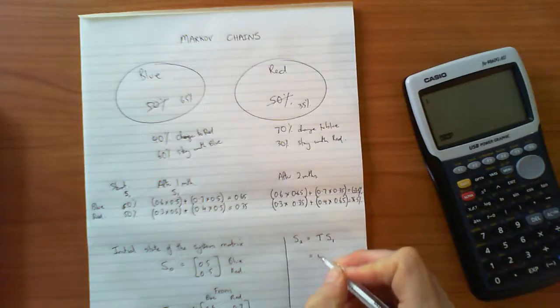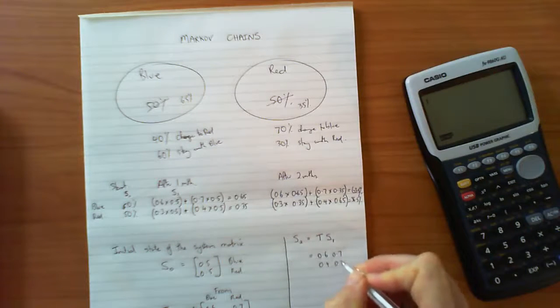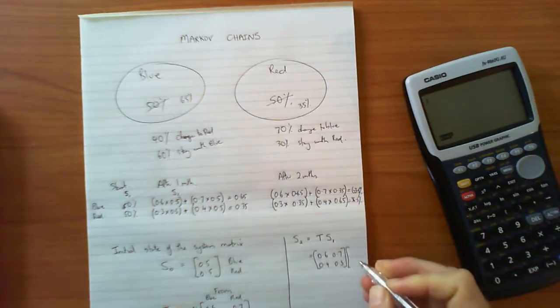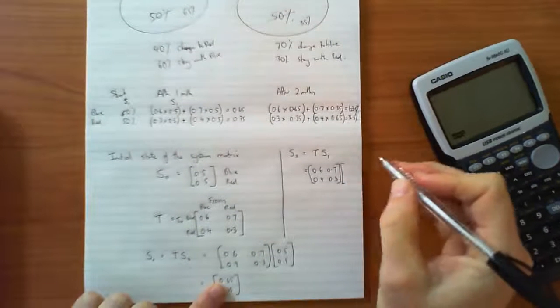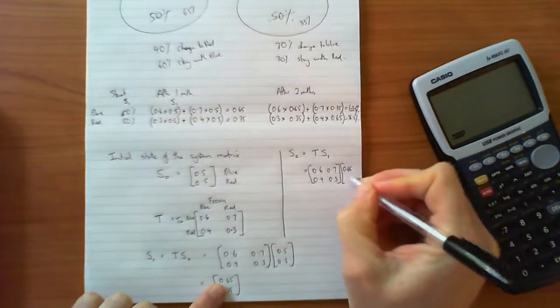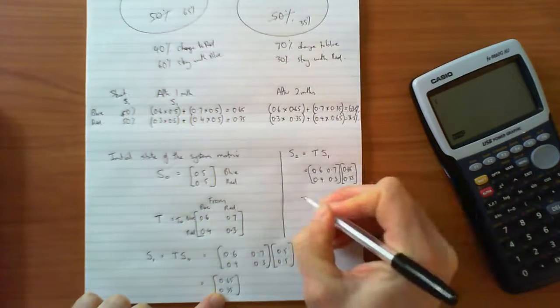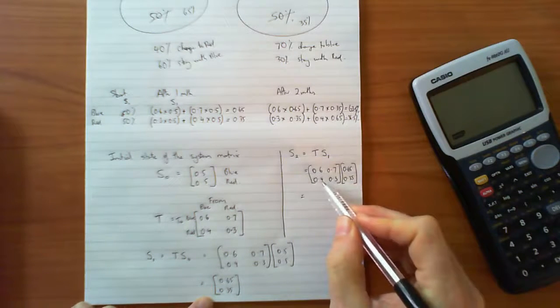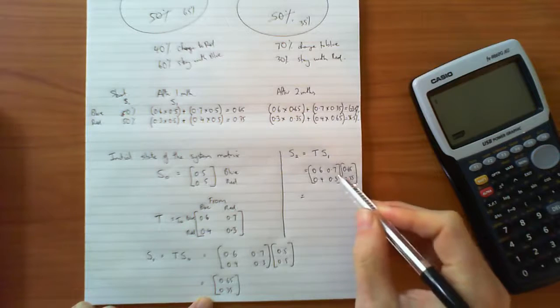So that would be 0.6, 0.7, 0.4, 0.3 multiplied by the state in the last system, which was 0.65 and 0.35. So this is the transition matrix multiplied by our previous state, which was S1.